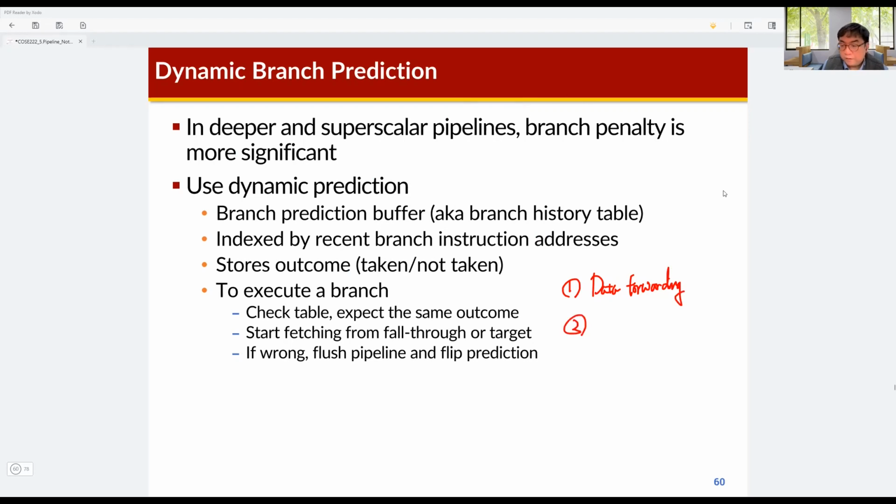And then I explained that we cannot avoid control hazard, but we can reduce wasted clock cycles by prediction.